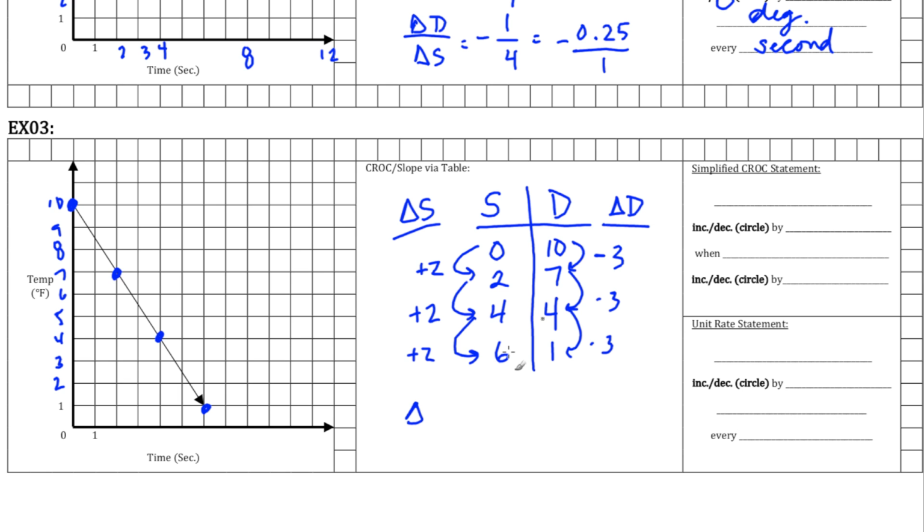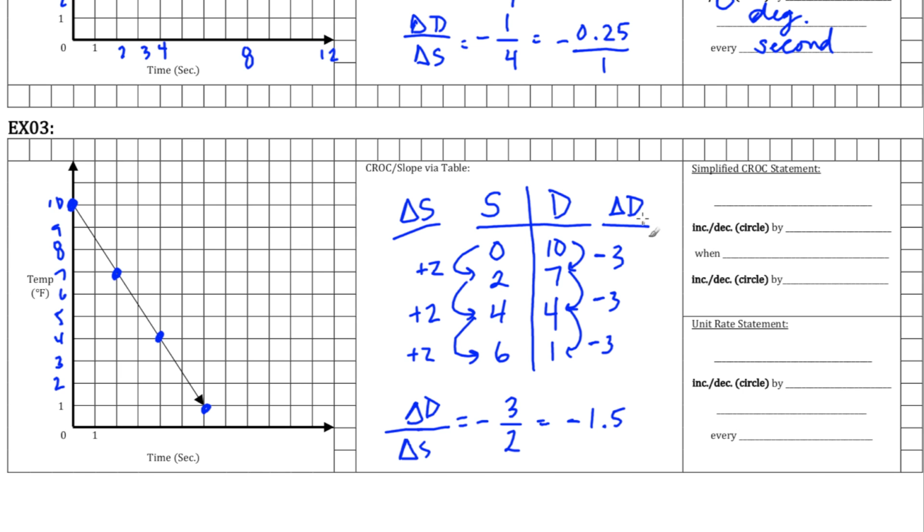So my change in degrees over the change in seconds is a negative over positive, which is -3 over 2. If I do -3 over 2, I get -1.5.